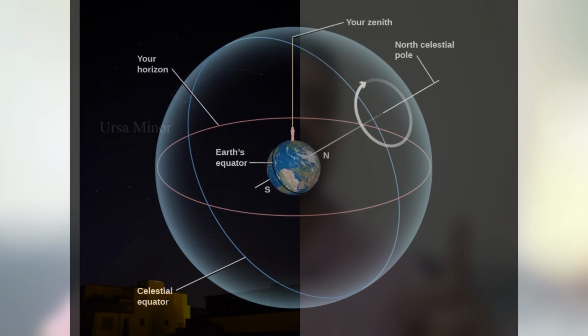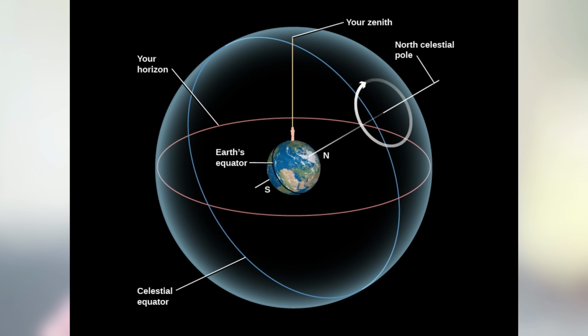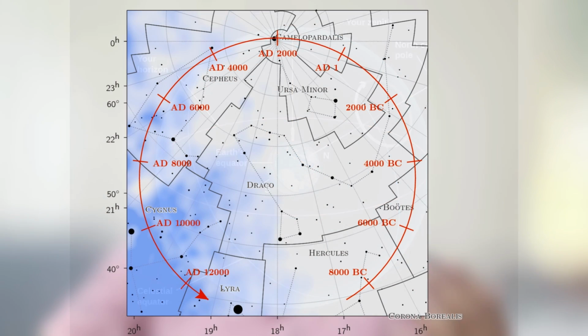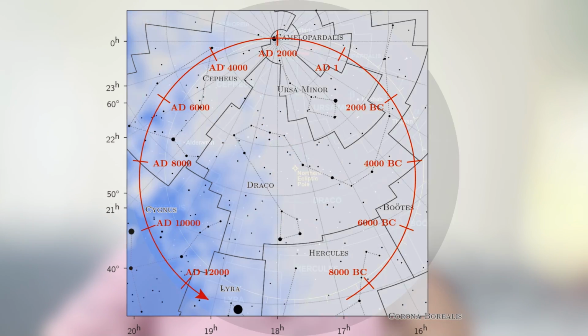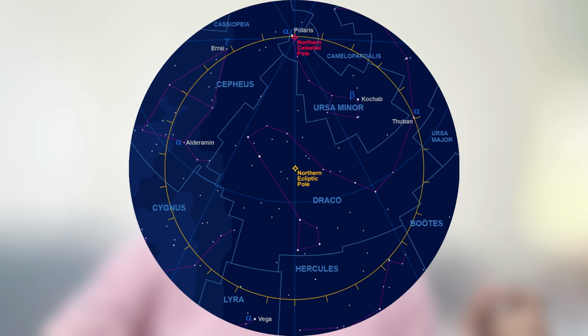But Polaris will not always point towards true north. Earth's rotational axis is kind of fixed locally on Earth, but the axis moves in the celestial sky. This extended line creates a large circle in the sky, and over time, this axis line will move away from Polaris along this circle and point towards another star.